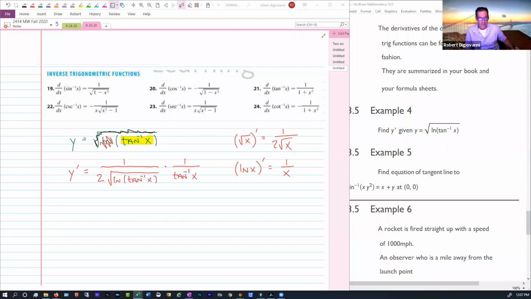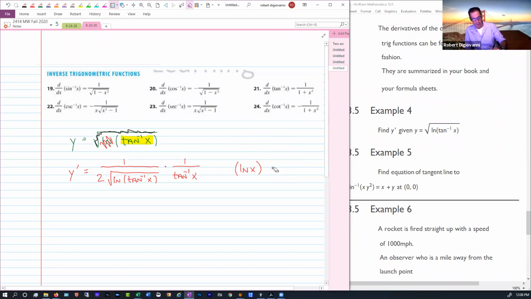I haven't even told you all, but look at the page. Do you see it there? This is one of our new formulas. 1 over 1 plus x squared. Yep, 1 over 1 plus x squared. That's a new formula for us. Times 1 over 1 plus x squared, and that is our derivative.